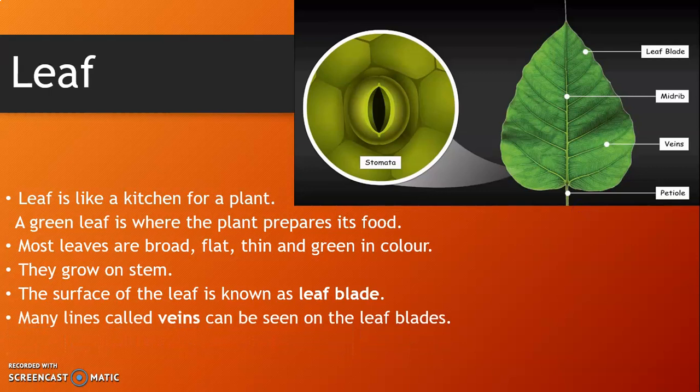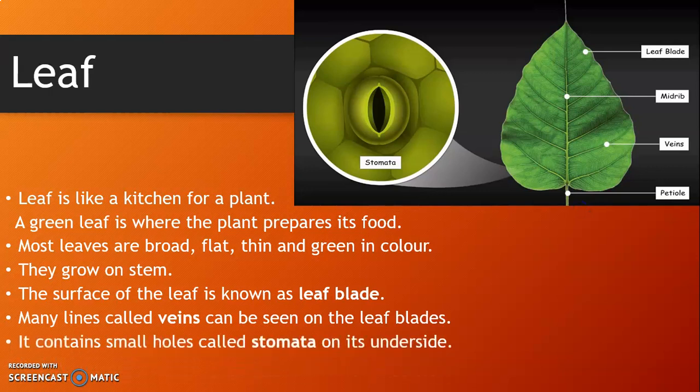Many lines called veins can be seen on the leaf blades. You must have seen that there are very thin lines going over the leaves, and those fine lines are called veins. It contains small holes called stomata on its underside. So leaves contain small holes, and that is known as stomata.